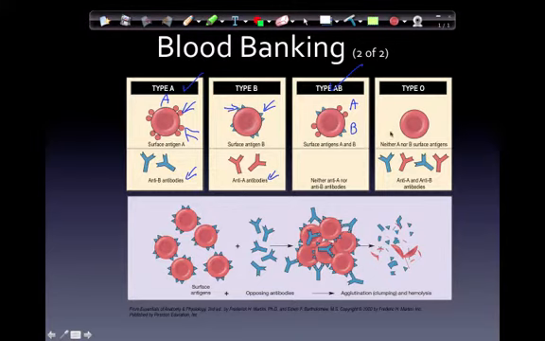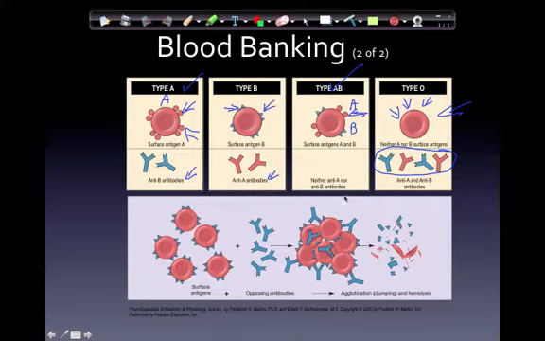Type O, last but not least, it doesn't know what it wants to do with its life. On type O blood, there are no surface antigens, but it has antibodies for both. So the universal donor is going to be type O, and the universal recipient is going to be AB.